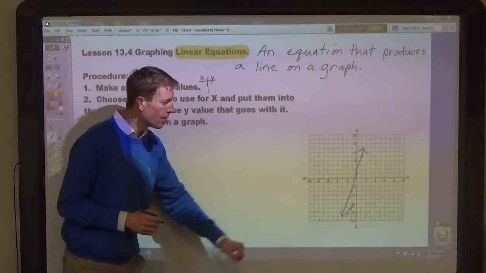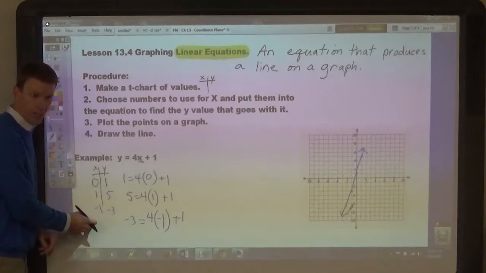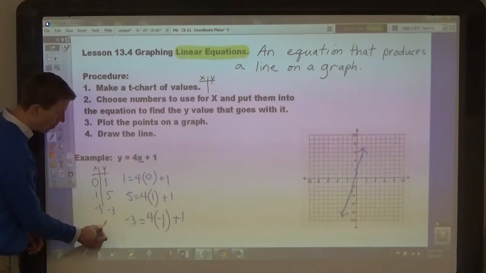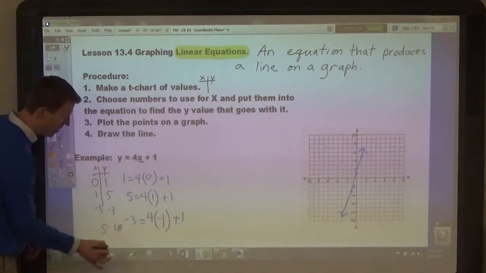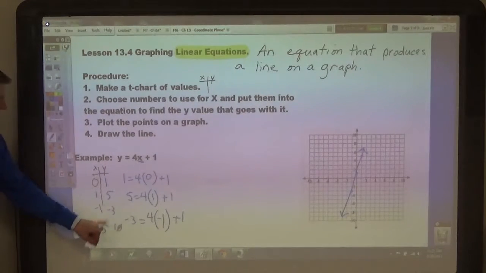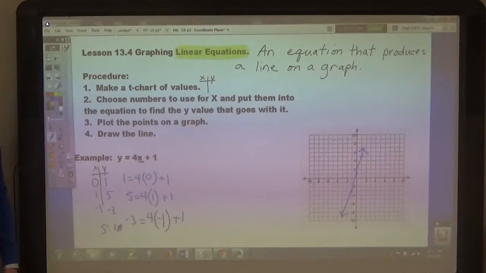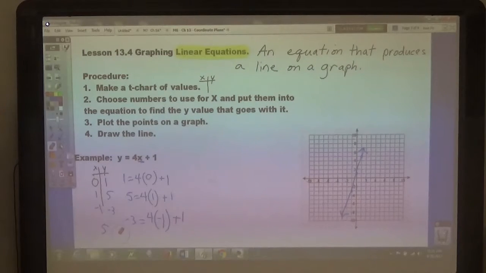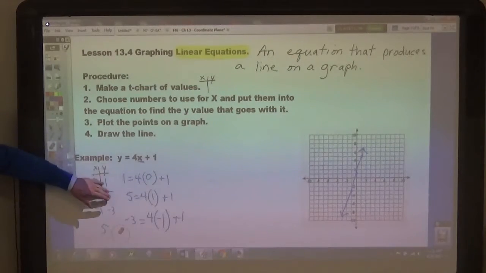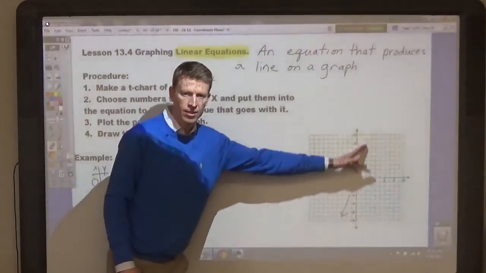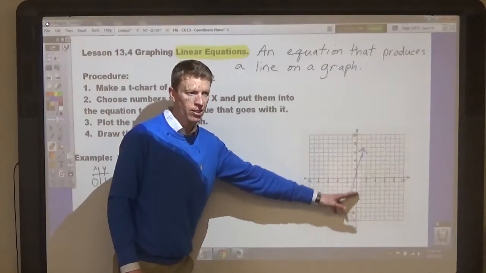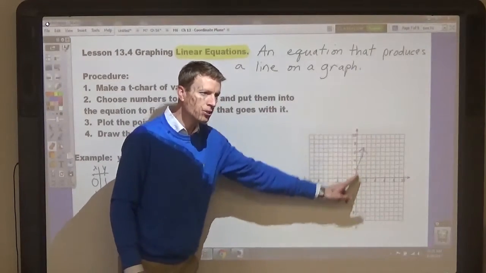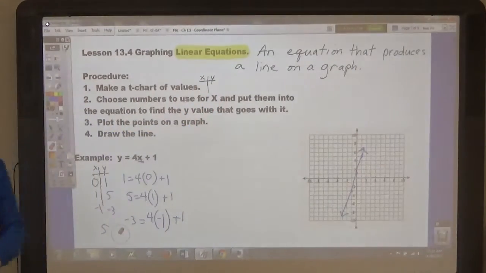They have to work with each other. We can't just put random numbers here like 5 and 10 because they're not related in the same way. But we could use 5 and then find the number that goes with 5. Do you understand why we have to have a line? Because the line is the solution. The line shows us that there's an infinite number of solutions that are combinations that work. Does that make sense?